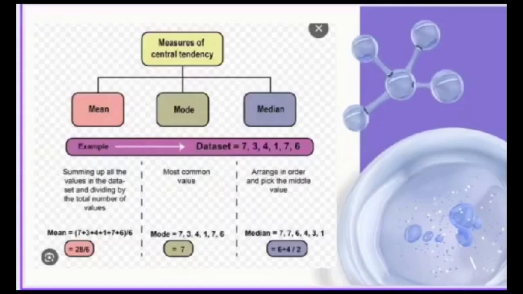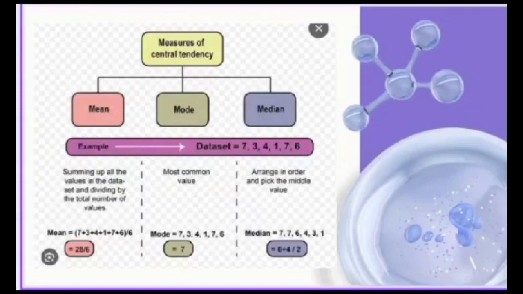There are 6 numbers, so 28 divided by 6 is equal to 4.6. So 4.6 is your mean answer for the measures of central tendency.